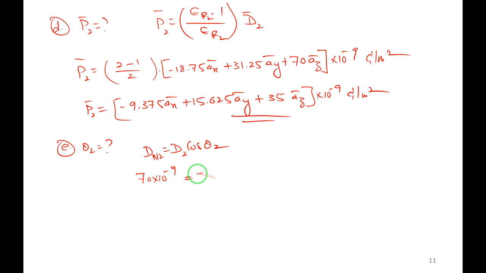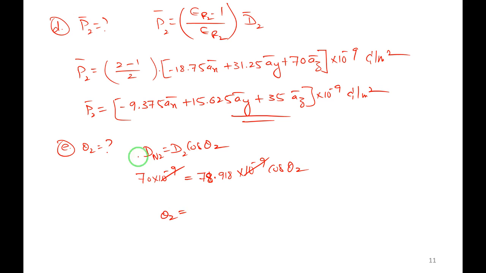The magnitude of D2 is 78.918 into 10 power minus 9 cos theta 2. So 10 power minus 9 will vanish. For theta 2, keep your calculation in degrees mode. So cos inverse of 70 divided by 78.918.